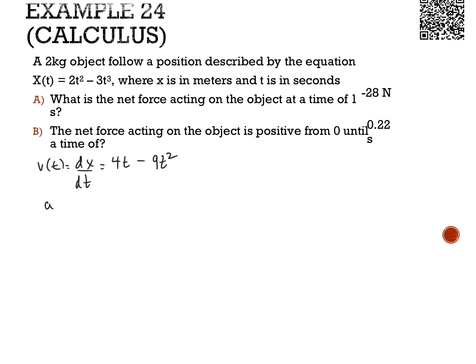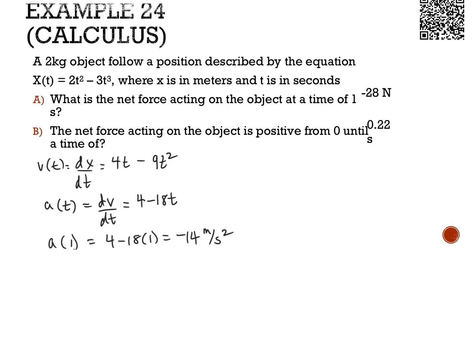We also then know the acceleration with respect to t is going to be dv dt, which is going to be 4 minus 18t. Okay, so the acceleration at 1 second is going to be 4 minus 18 times 1, which is negative 14 meters per second squared.